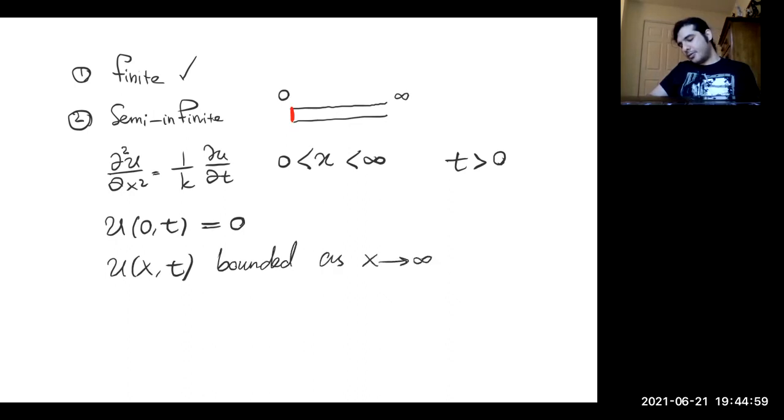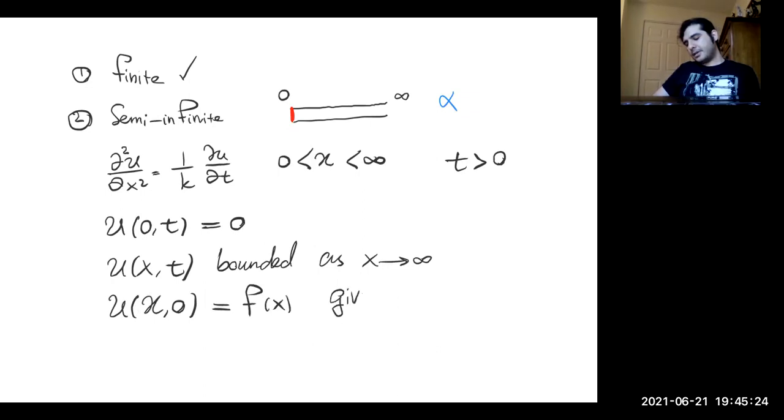So there is no boundary condition here in that sense. The asymptotic condition says this u, which you can think of as temperature, doesn't go to infinity; it's bounded. And then we have the initial condition: u of x at time 0 is given, f of x, where f of x is a given function.